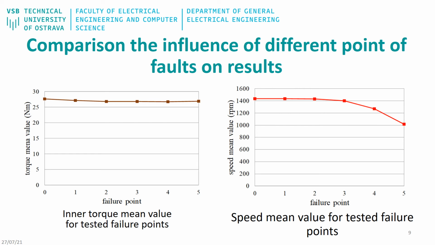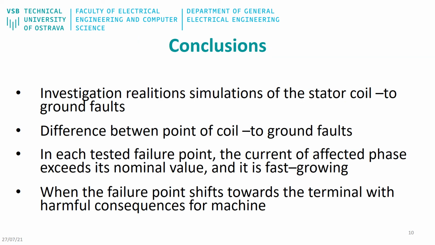But from point 4, the speed decreases, and at point 5 the speed value is approximately 1000 revolutions per minute, which can be unacceptable for most applications.